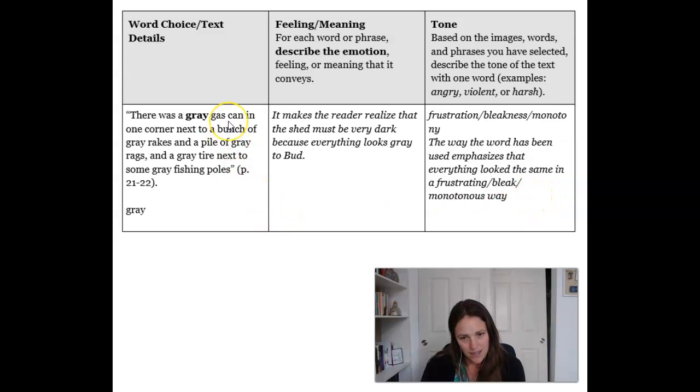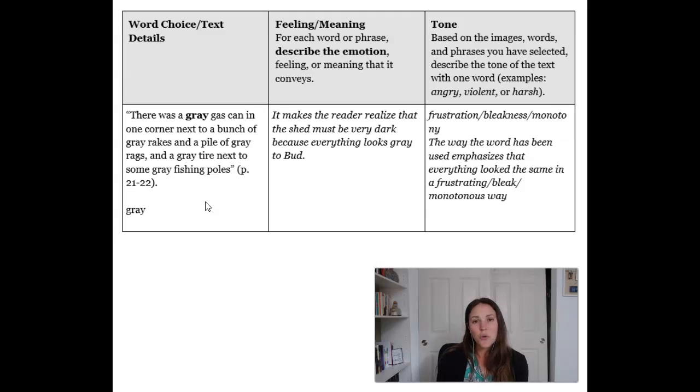A gray gas can in a corner by a bunch of gray rakes, a pile of gray rags, and a gray tire next to some gray fishing poles. Everything is just gray. It's the same monotone. There's not different colors. And that's probably how Bud is feeling. His emotion is the same as what he is seeing.